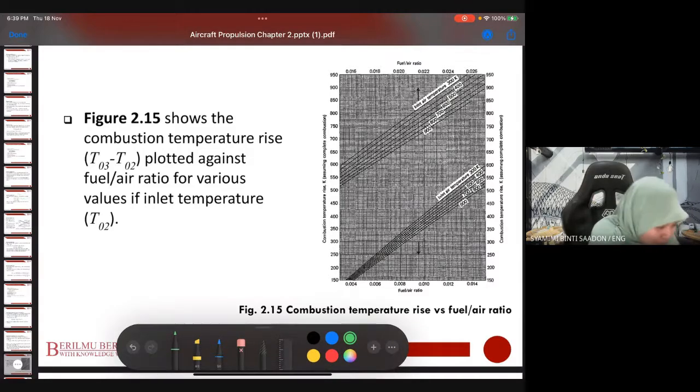It's not very clear, but it's okay. 300 and 700 of the inlet air temperature. So from here we get the value of F, maybe 0.0083, something like that. So we can use this value of fuel to air ratio that we get from this diagram.